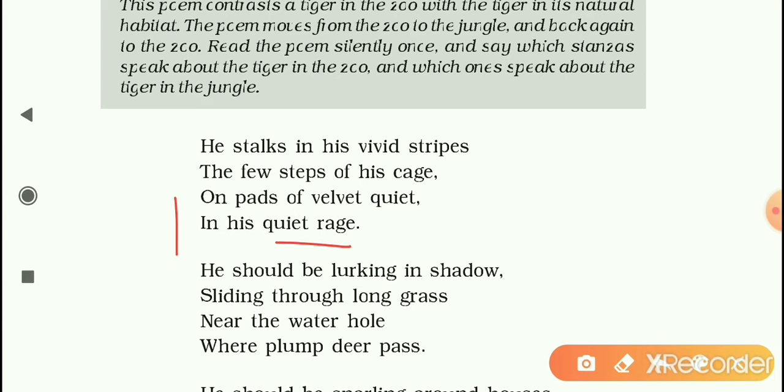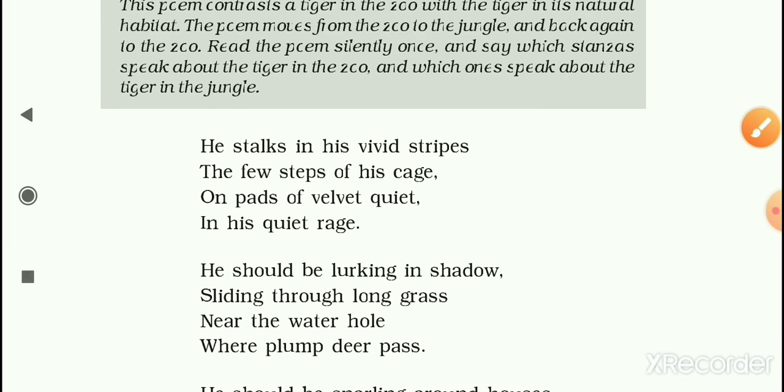Because he knows that it is fruitless, it is futile to show his anger in the cage of a zoo. So he cannot do anything. In a helpless manner he is just walking to control his emotion, but he can walk only a few steps because it is a limited area in the cage.